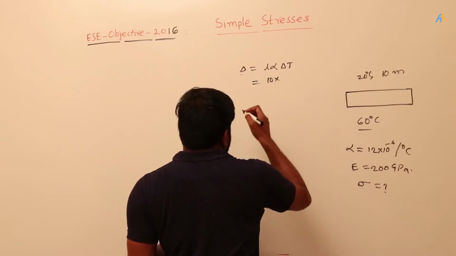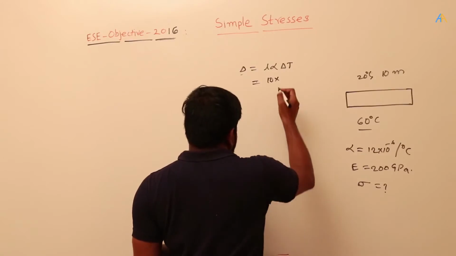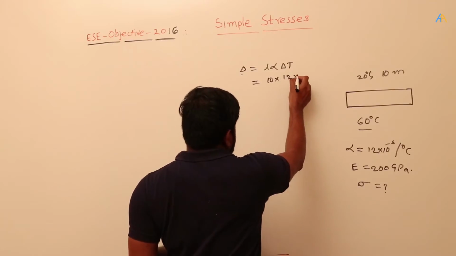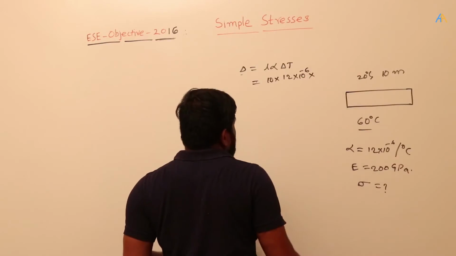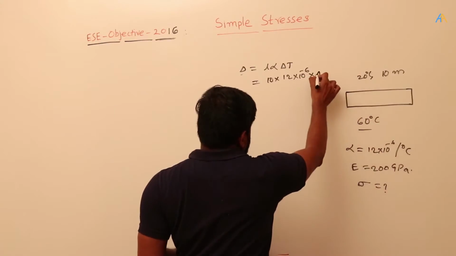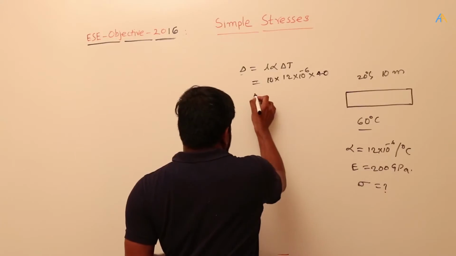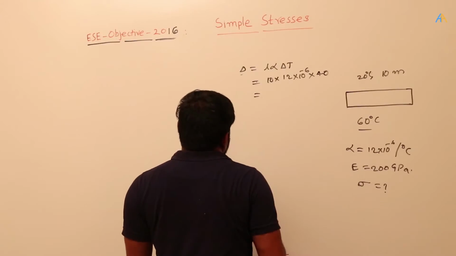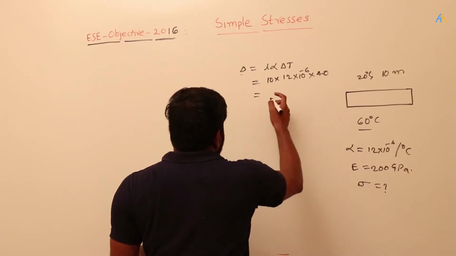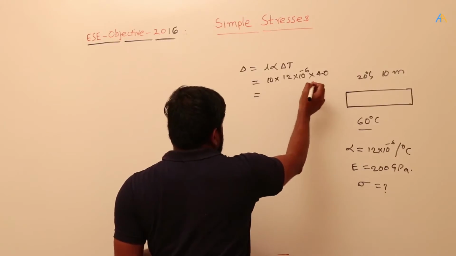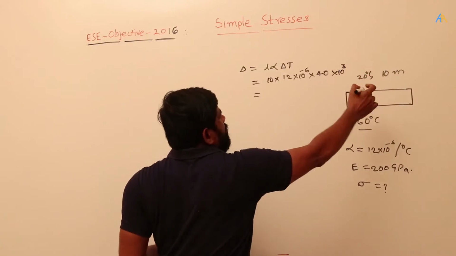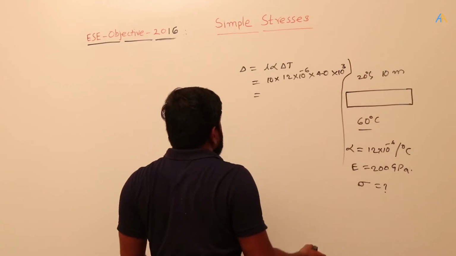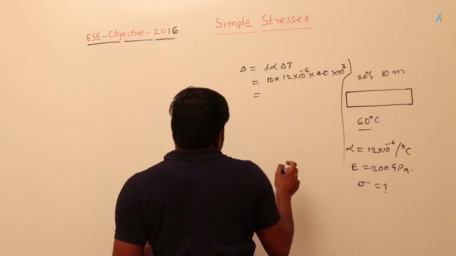And if I substitute this, L is 10 meter, alpha is 12 into 10 power minus 6 per degree centigrade, into delta T, the difference between these two, that is 40. So delta will become, this is in meter, and if I multiply with 10 power minus 3, it will become millimeter, because the length is in meter.